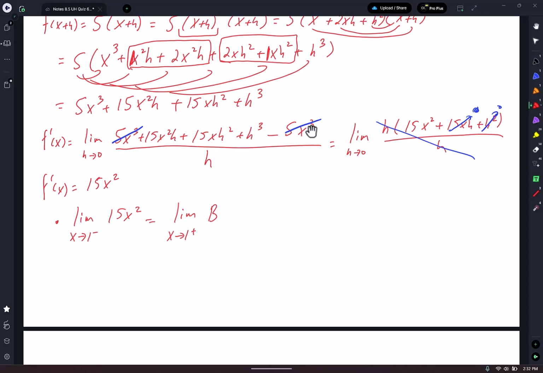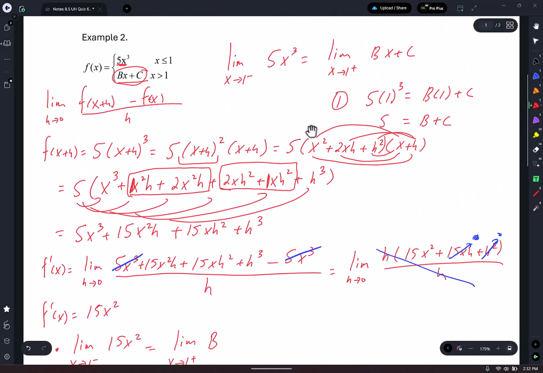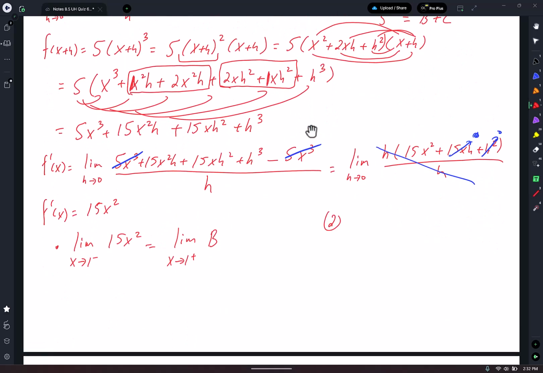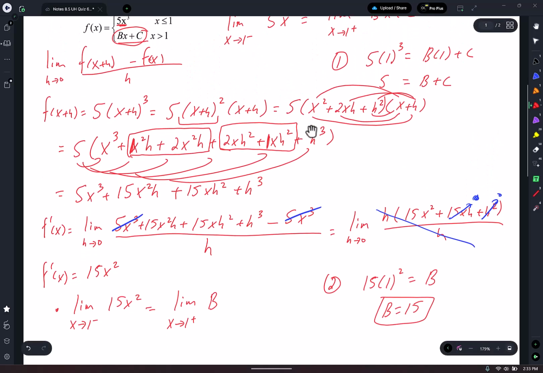All right, so here we go. Equation, did I already write equation 1? Yeah. Equation 2. 15 times 1 squared better equal b. That's my equation. I'm just getting it from this limit right here. So that means b equals 15. If b equals 15, plug it into what you have.